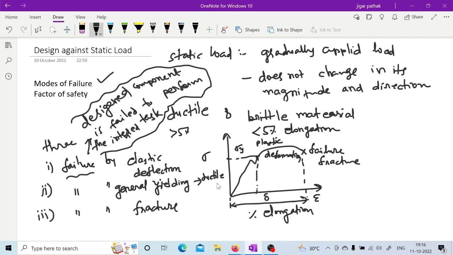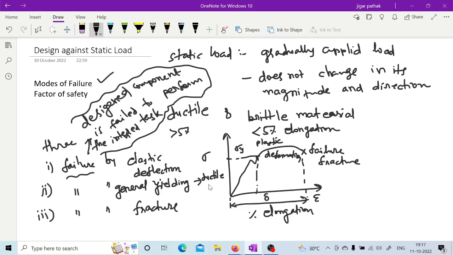So in case of ductile material, if this plastic deformation remains, then the dimension of that particular component will change, and due to this changed dimension, the designed component may not be able to perform its intended task. In that case, it is going to be considered as a failure. Did you get it?